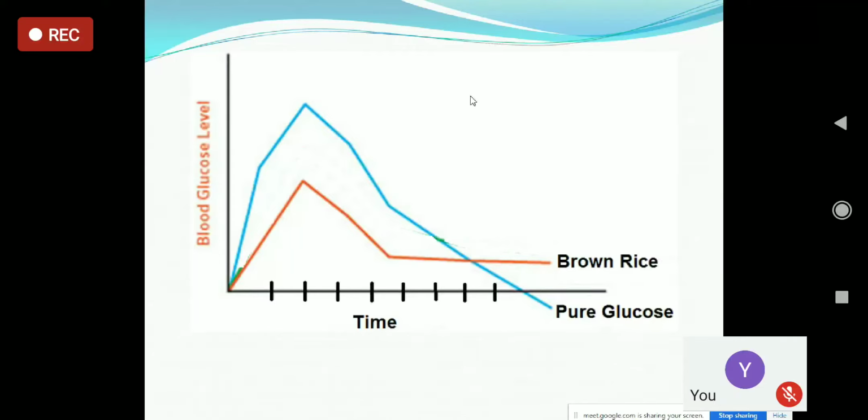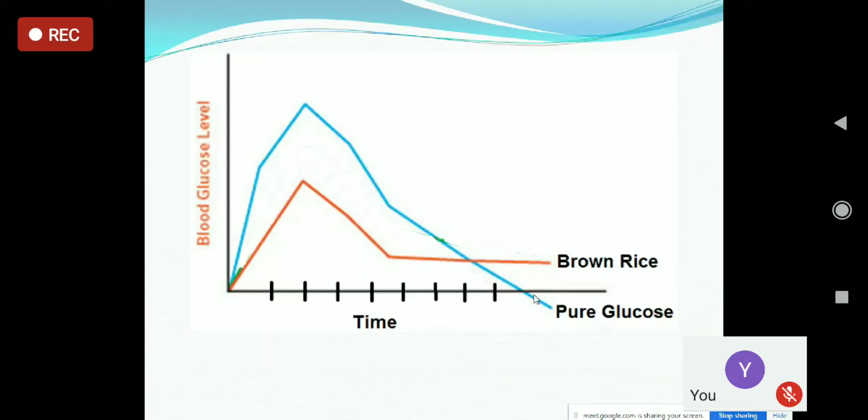So how is glycemic index calculated? Let's look at this graph. The y-axis shows the rise in blood glucose level and the x-axis shows the time period, in 15 minute intervals, so this timeline shows about 2 hours. You take 50 gram of glucose solution in water and give it to a group of individuals to drink.